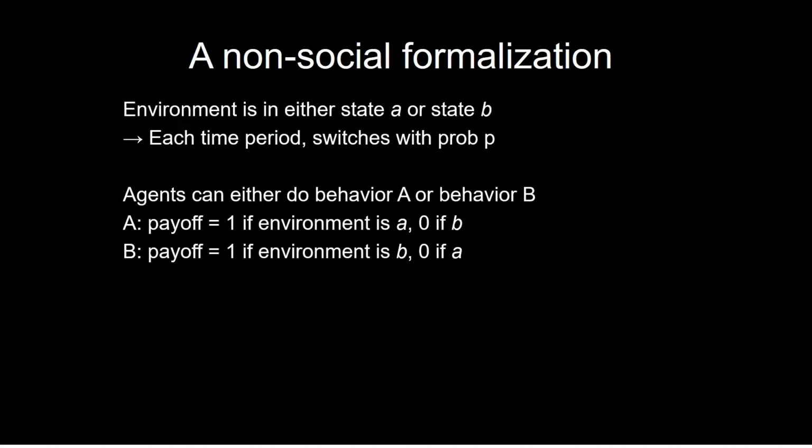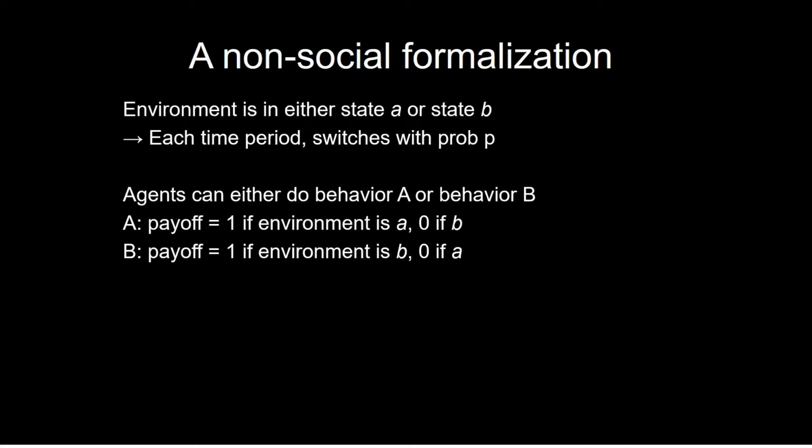If you choose behavior A, you get a payoff of 1 if the environment is in state A, and a payoff of 0 if the environment is in state B. Reciprocally, if you choose B, you get a payoff of 1 if the environment is in B, and 0 if A. So basically, you want to choose A when the environment is A, and B when the environment is B. There are all different kinds of situations you can imagine of this flavor, where there's not one optimal behavior, but the way to act depends on the state of the world, so it's important for decision making to figure out what state of the world you're facing.